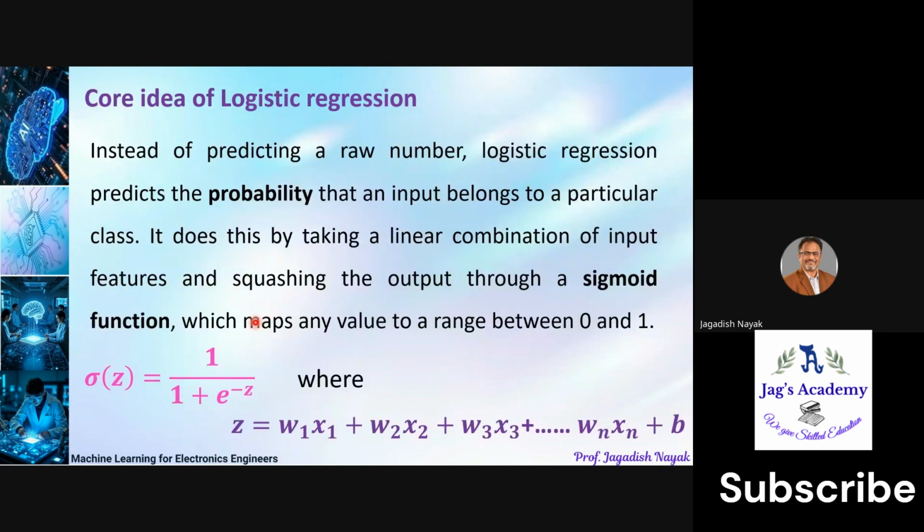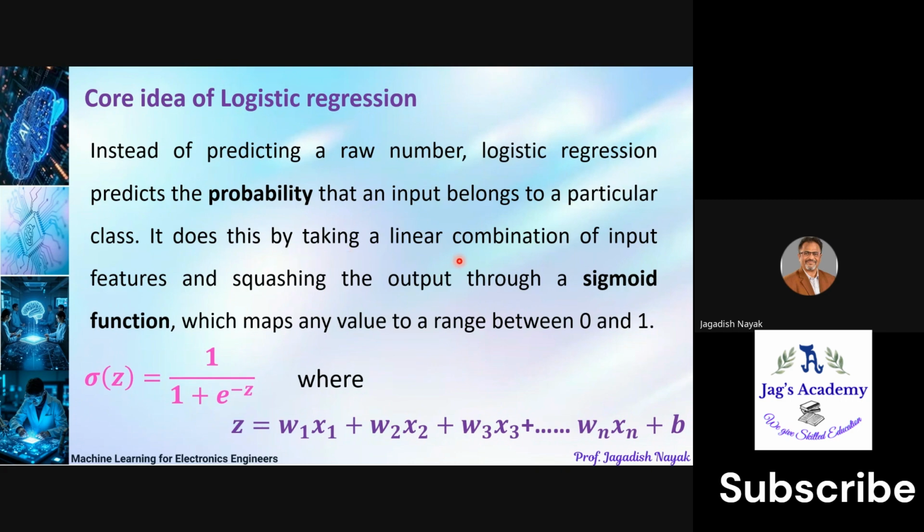Here we use the same regression equation, but on the output we use a sigmoid function. That sigmoid function decides whether the output belongs to this class or the other class. Instead of predicting a raw number, logistic regression predicts the probability that an input belongs to a particular class.